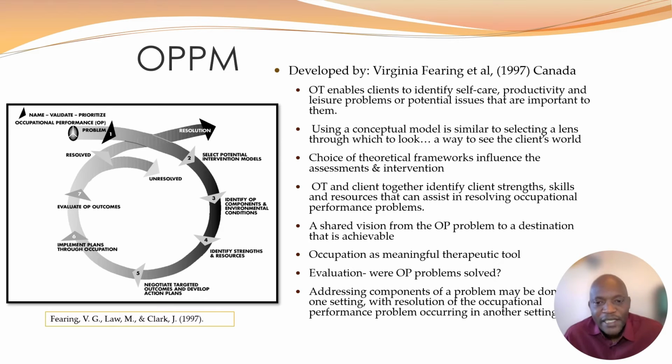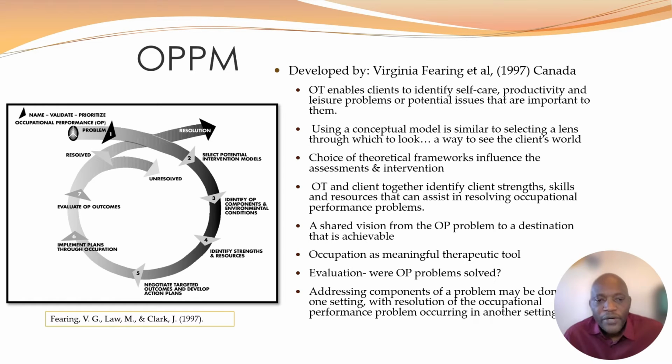So it's a shared vision between the OT and the client, looking at the starting point where there is an occupational performance problem, and then looking ahead into the future to a destination where the occupational performance problem is resolved.